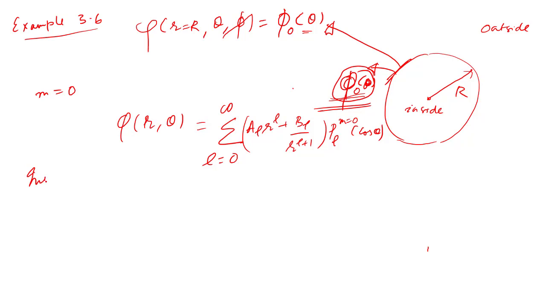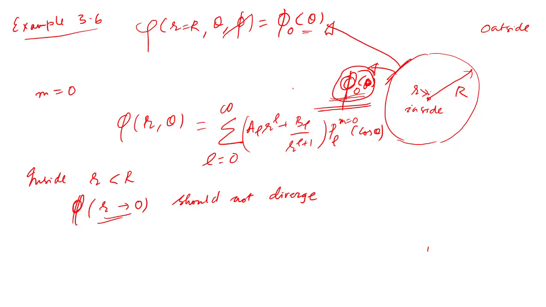If I look inside, that is r less than R, then as r goes to 0, this phi should not diverge. It should not go to infinity as r goes to 0 inside the sphere. You cannot have the potential diverge. So that would mean that inside I will have to set B_L equal to 0.